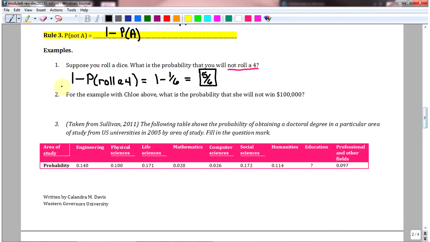Let's go on to number 2. For the example with Chloe above, the one who was playing the game, withdrawing the balls with money, what is the probability that she will not win $100,000? Using our complement rule, this is the same thing as 1 minus the probability that she wins $100,000.